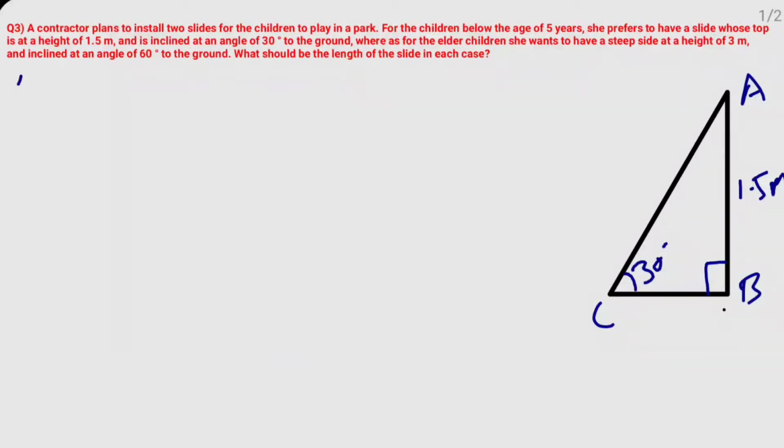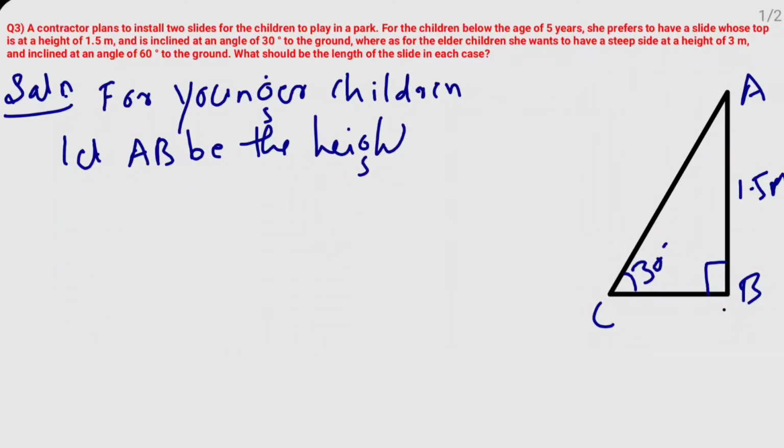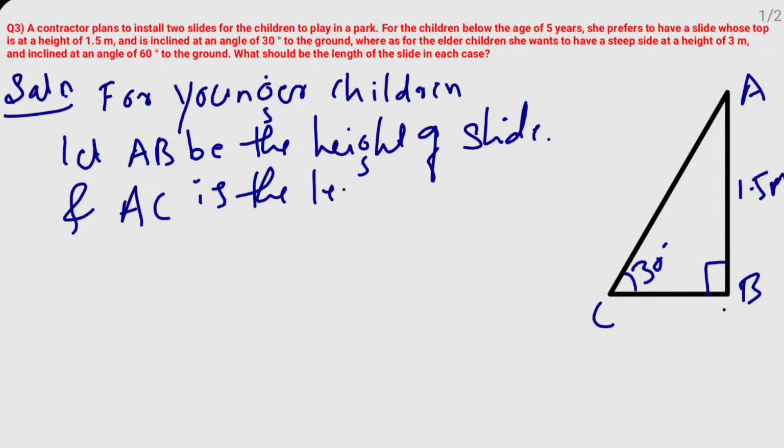So first write down here the solution. For younger children, let AB be the height of the slide and AC is the length of the slide.